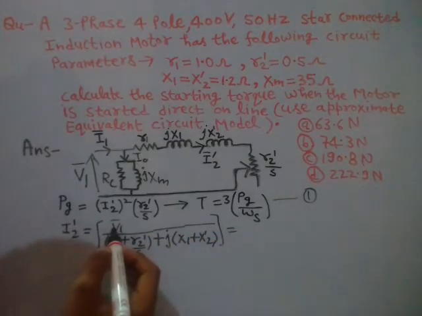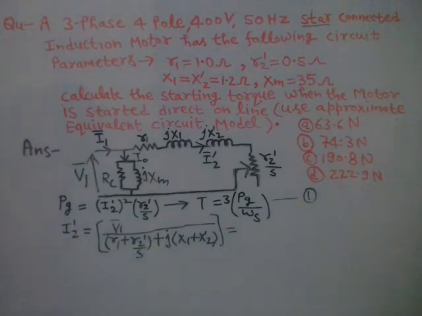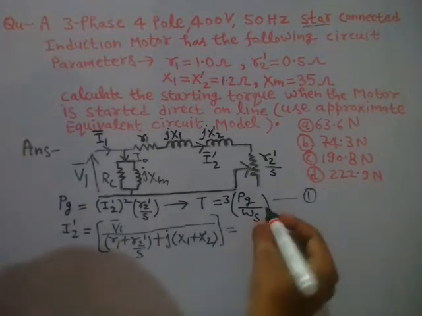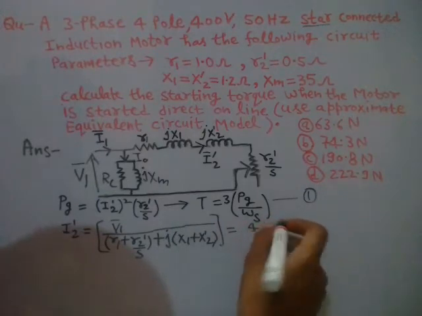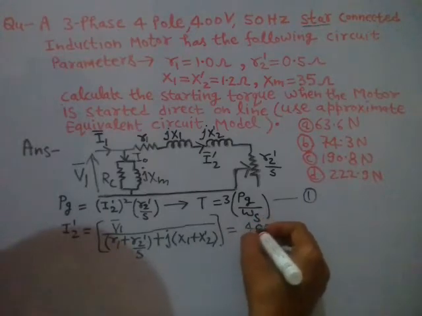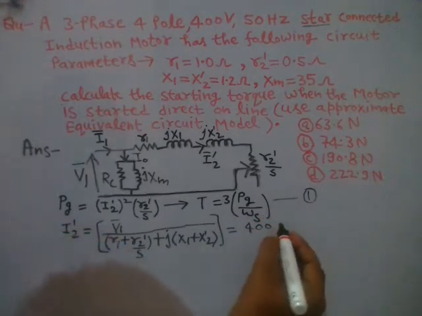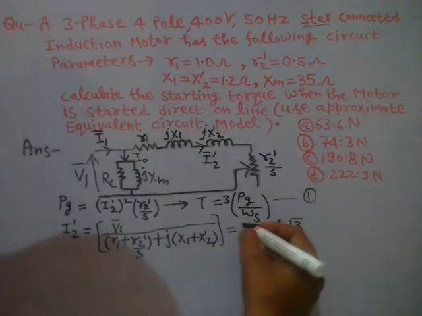So per phase voltage for a star connection, see this is a star connected motor, right? For a star connection, the per phase voltage will be equal to line voltage by root 3. So line voltage is 400 volt. So write here 400 volt, divided by root 3, that is basically the phase voltage.